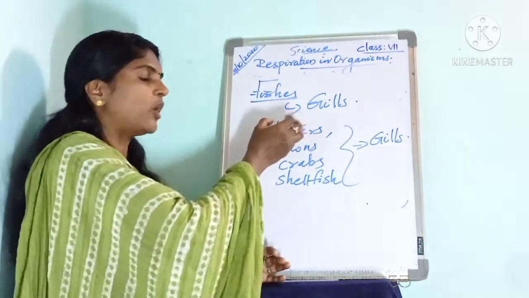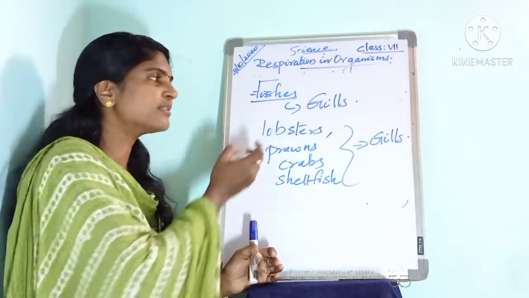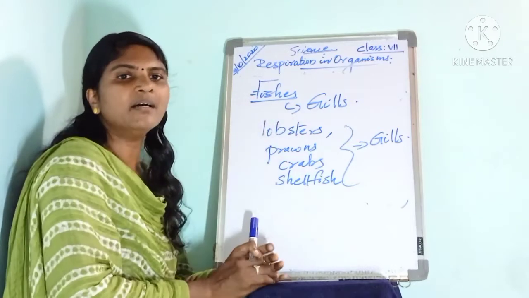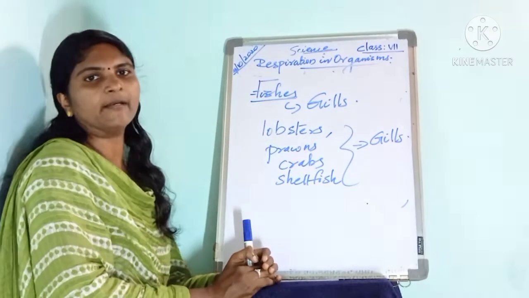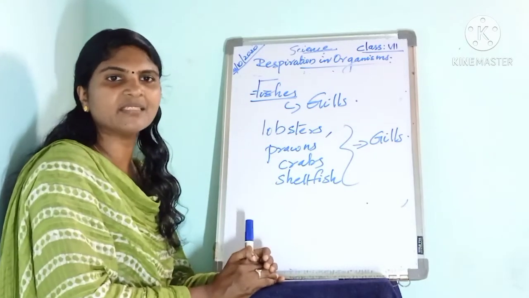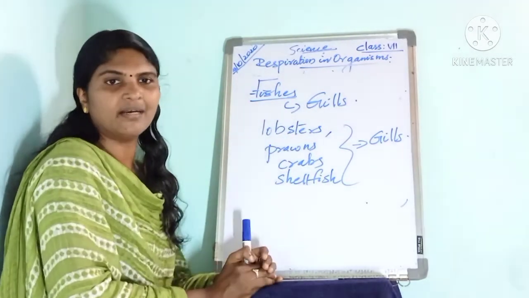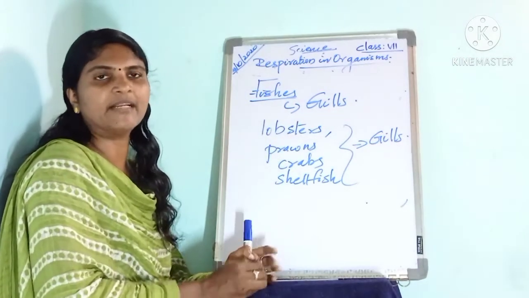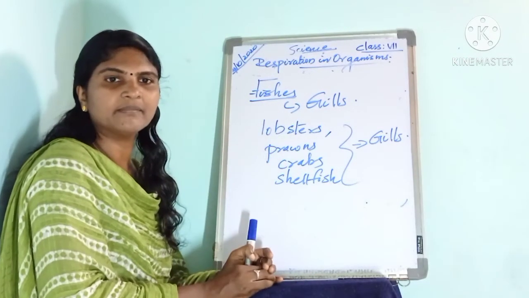The oxygen from the water diffuses into the blood in the gills, and it is carried to every part of the body.